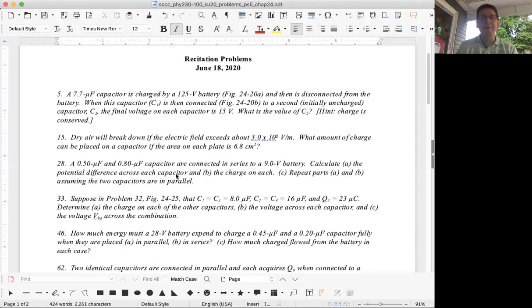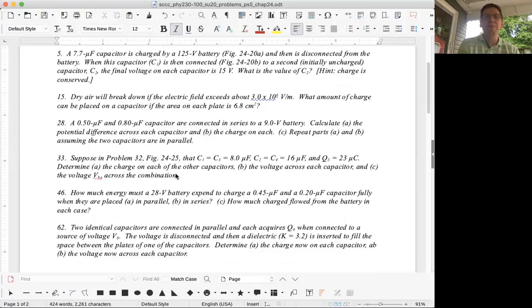Then we move on to problem 15. Dry air will break down if the electric field exceeds about 3.0 times 10 to the 6 volts per meter, meaning that you'll get a spark or some sort of discharge, or if you're talking about a cloud, you might get a lightning discharge.